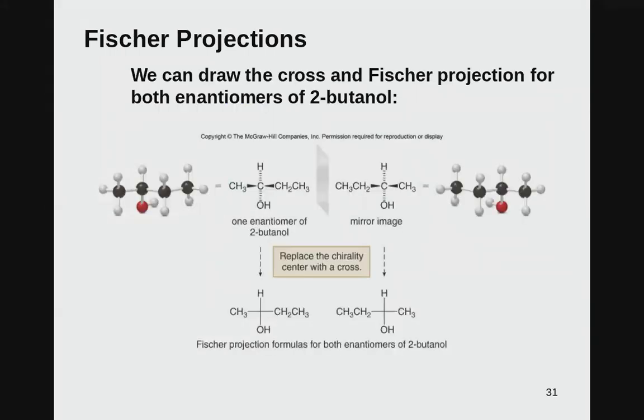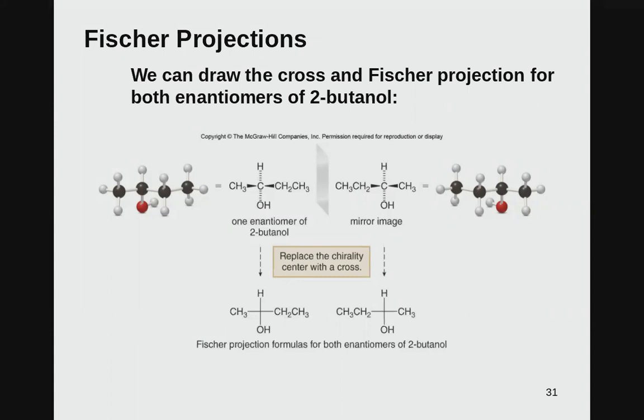So let's try to draw the two enantiomers for 2-butanol. We have butanol here, C, CH3, CH2, CH3, OH, H. Now, when we're drawing this alcohol, think about when we've been drawing the skeletal structure of this molecule. Remember there would be this kind of kink in it, and you can see that in this 3D shape.